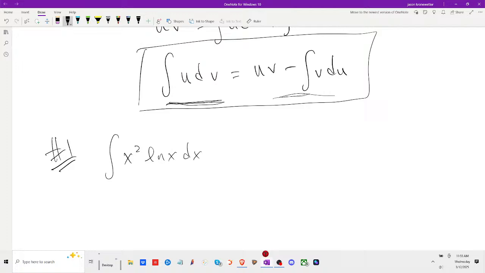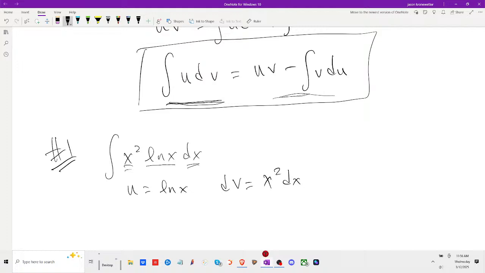Okay, and in this problem, they say let u equal ln x, and dv is x squared dx. And notice that we've accounted for everything that we have in the integral. There's the ln x, and then there's the x squared dx. Everything's been accounted for. So that's my u dv.